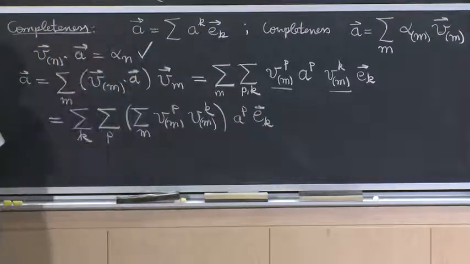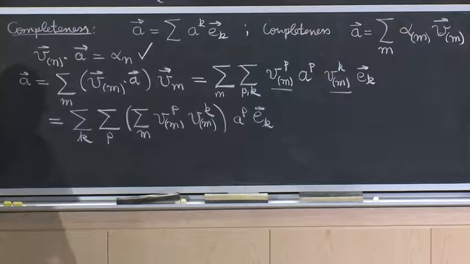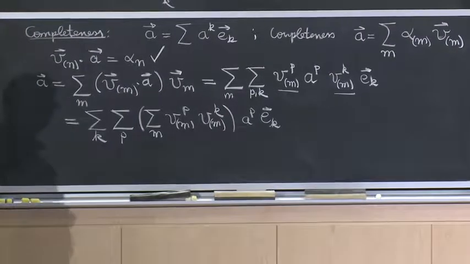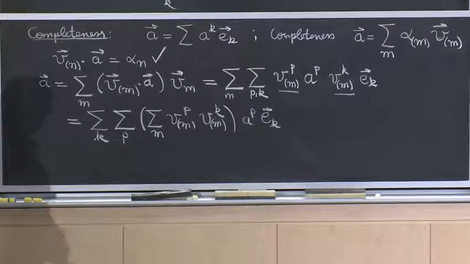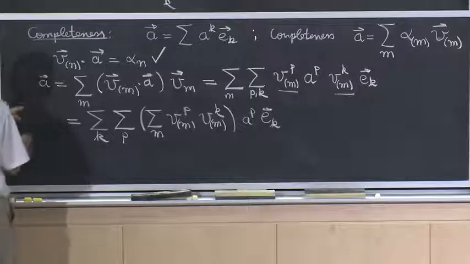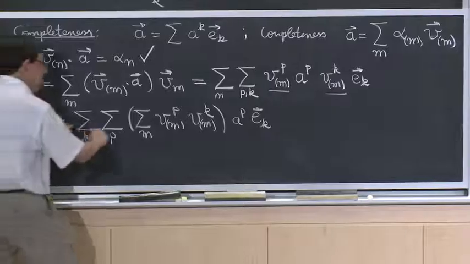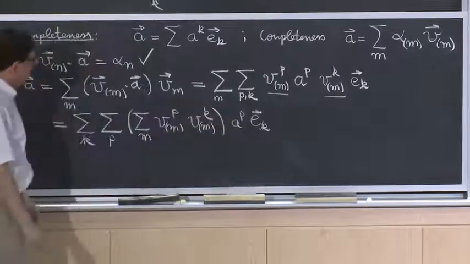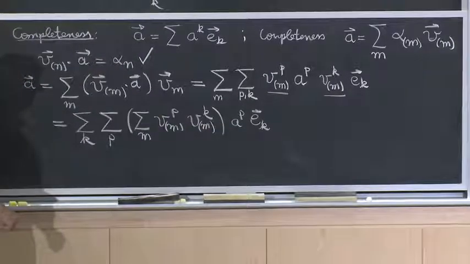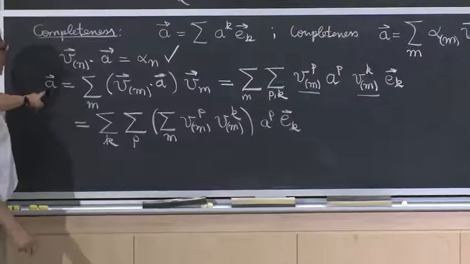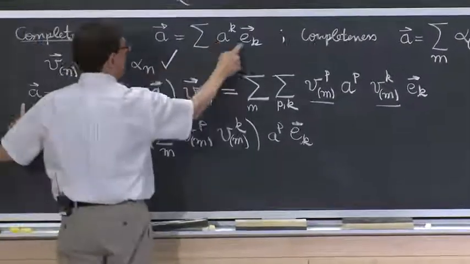All right, lots of indices, but we hope we can keep the ideas clear. So this thing, look at this. The A vector is written in this way. Now it looks fairly complicated, but the A vector was supposed to be A_k e_k.